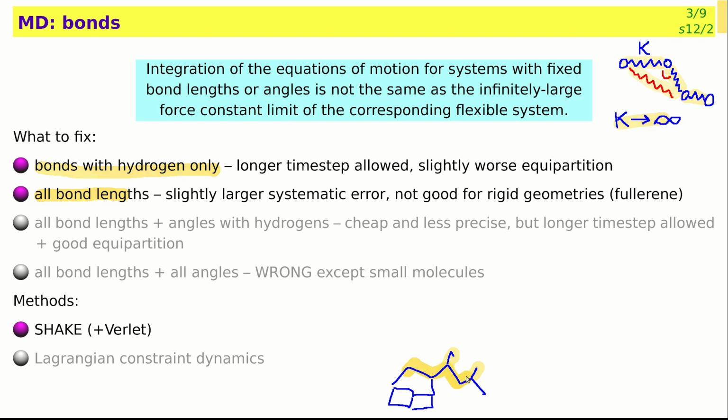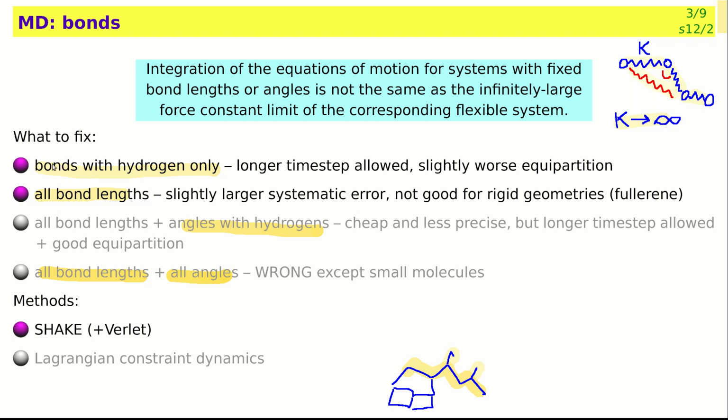It's sometimes done too, or aliphatic chains. It's a bit worse, but still acceptable. But other options like angles with hydrogens, it's still okay, but it's not used. And of course, it is wrong to fix all bond lengths and all angles.